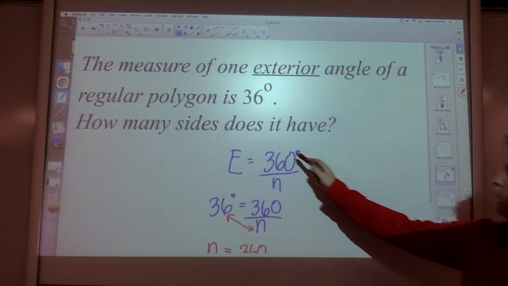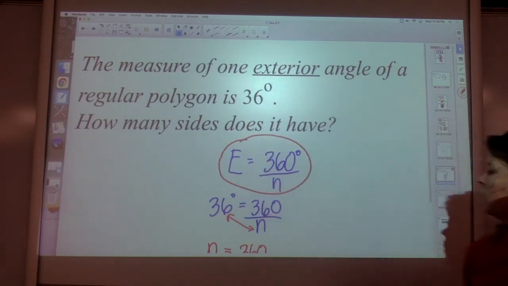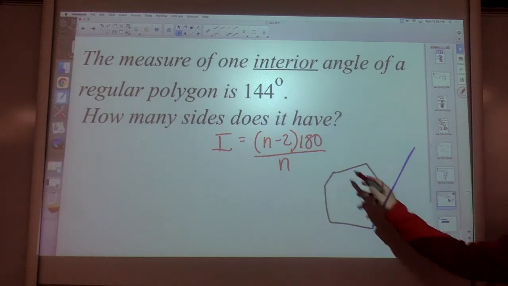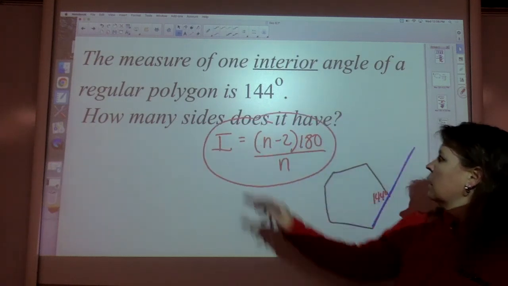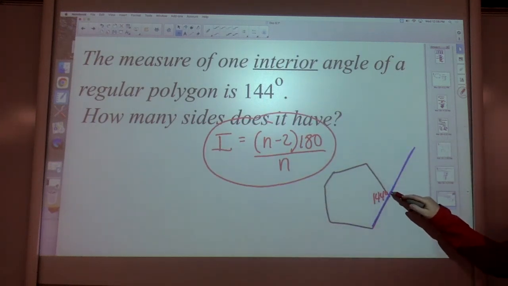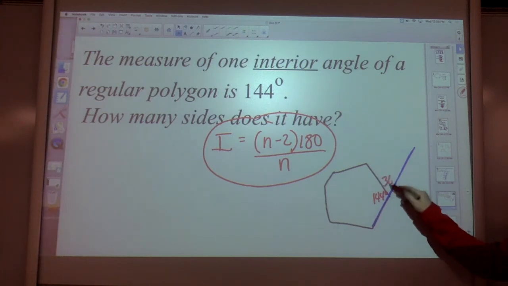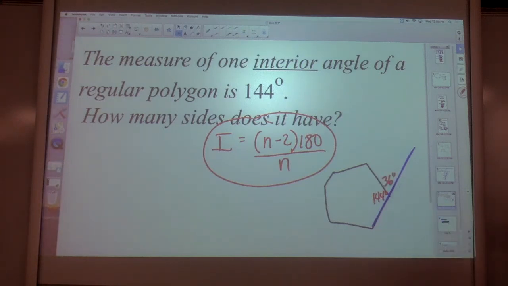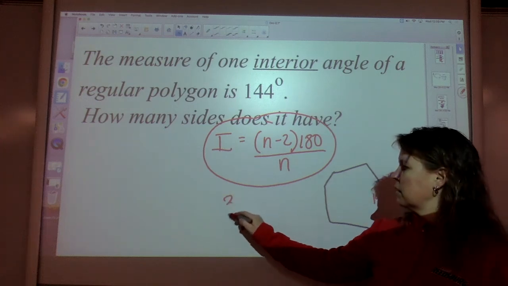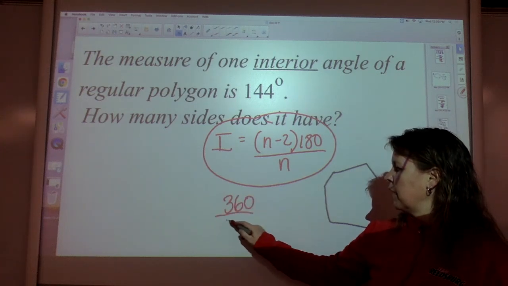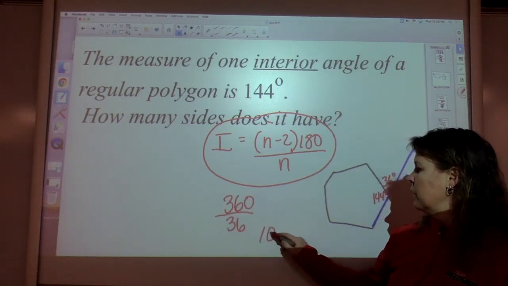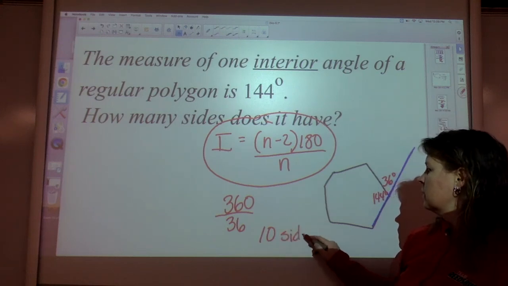I mean, look at how simple this formula is compared to how obnoxious this formula is. If you found the exterior angle instead, it's still the same number of sides. That's a linear pair. They add up to 180 degrees, which means this is a 36 degree angle. Take 360 divided by 36, you find out that it has 10 sides.